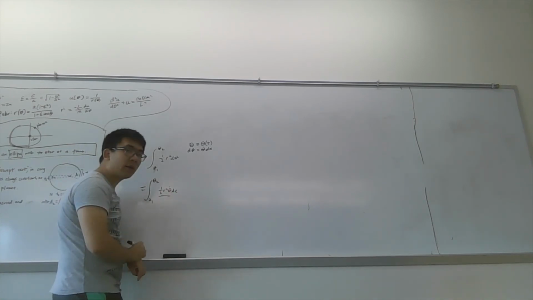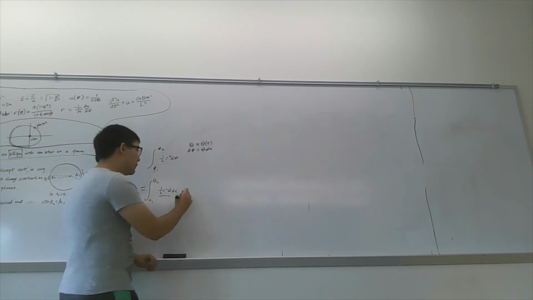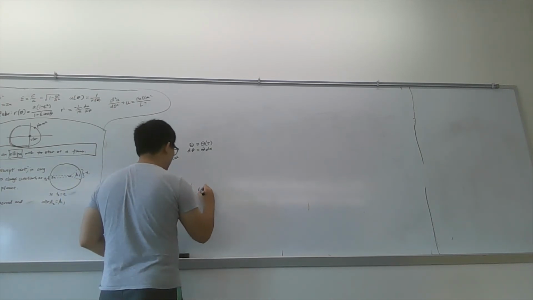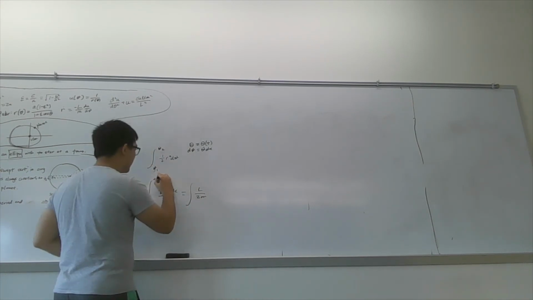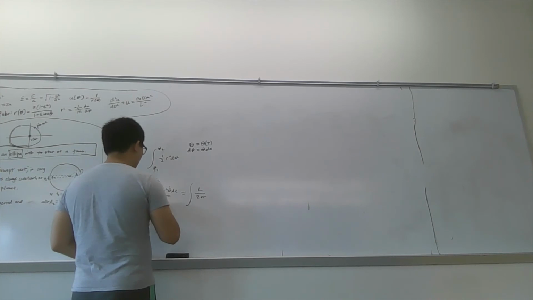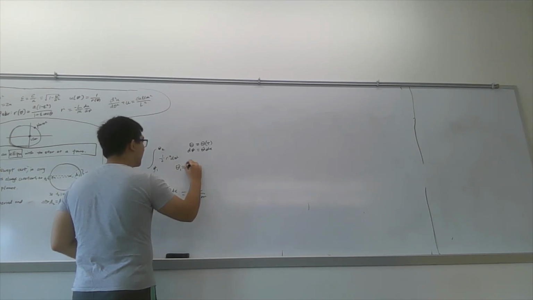And what do you know? What does this look like? It's r squared times angular velocity. That's just r divided by 2m. And sorry, this should be in terms of t1 and t2, where theta 1 equals this, and theta 2 equals that.